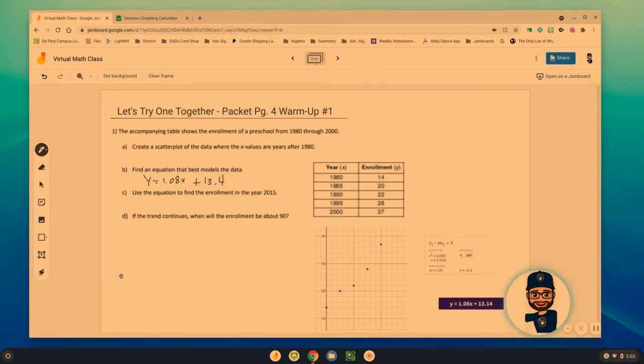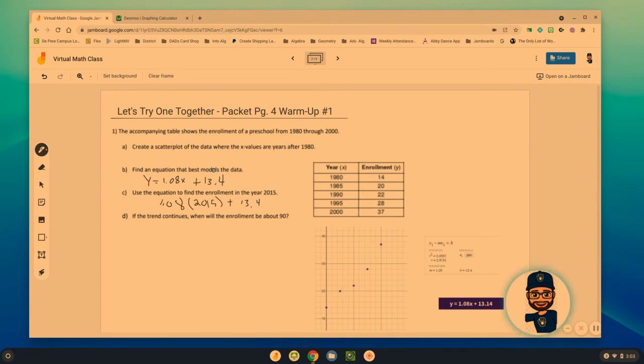So we can use that to then predict certain things, right? Predict what the enrollment will be in 2015. So I'm going to take 1.08 and multiply that by 2015 and add 13.4. Now you can do that on a calculator.